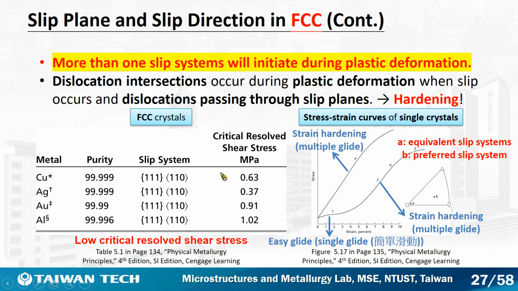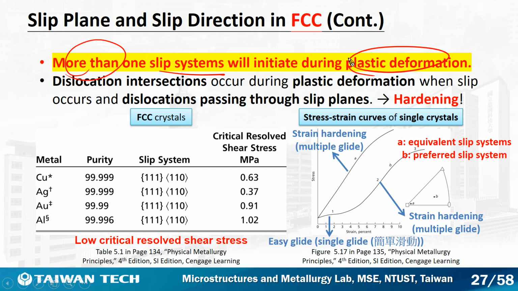And then during the plastic deformation, eventually more than one of the slip systems will initiate. Okay, because the FCC metals have a very high ductility, so it must initiate more than one slip system for the plastic deformation. Okay, this is very important.